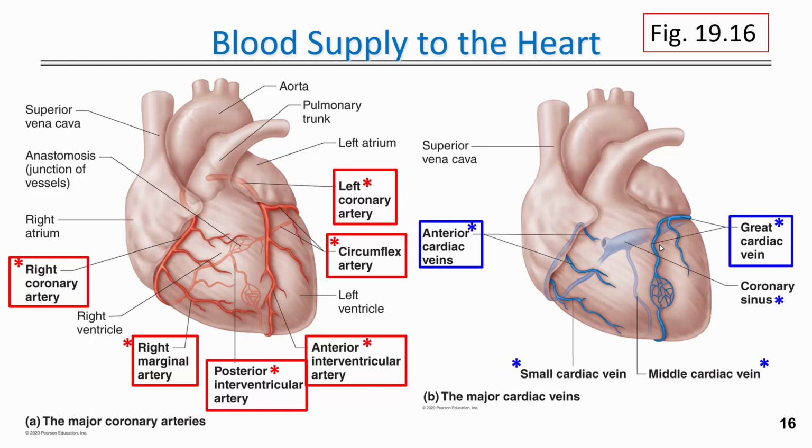We see that we have branches through what's called the great cardiac vein, and we have a major vein of the coronary circulation called the coronary sinus, and this serves as a reservoir, if you will, allowing blood to momentarily collect on its way back to the right atrium. And we see that we have other veins that will drain blood from the ventricles, called the small cardiac vein and the middle cardiac vein.